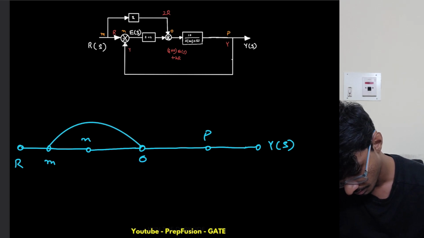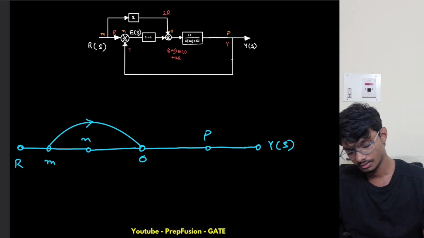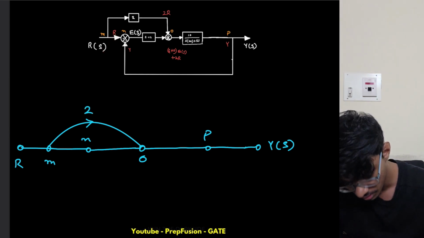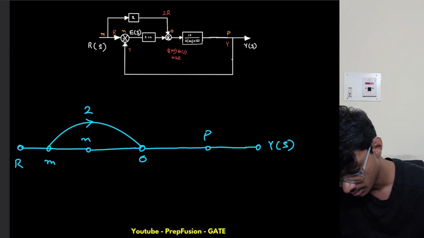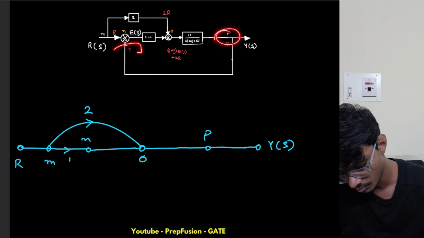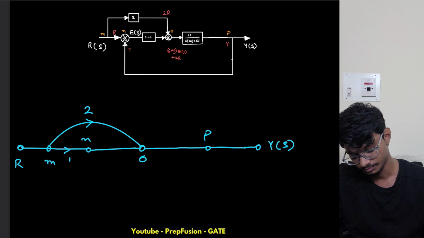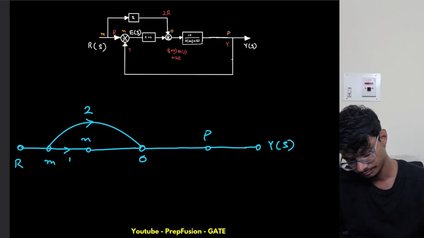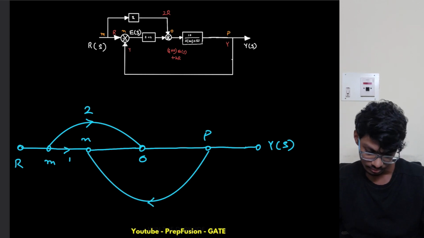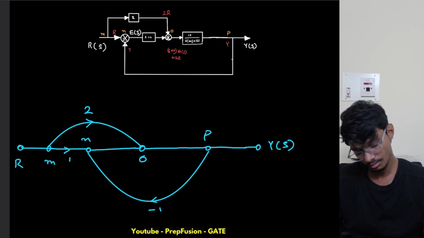M to O we have a gain of 2. Okay, now from M to N we have a gain of 1, right? So this is 2 and this is positive. Okay, so this is 1. And from P to N we have a gain of -1 because this is negative. So P to N. Gain of -1.